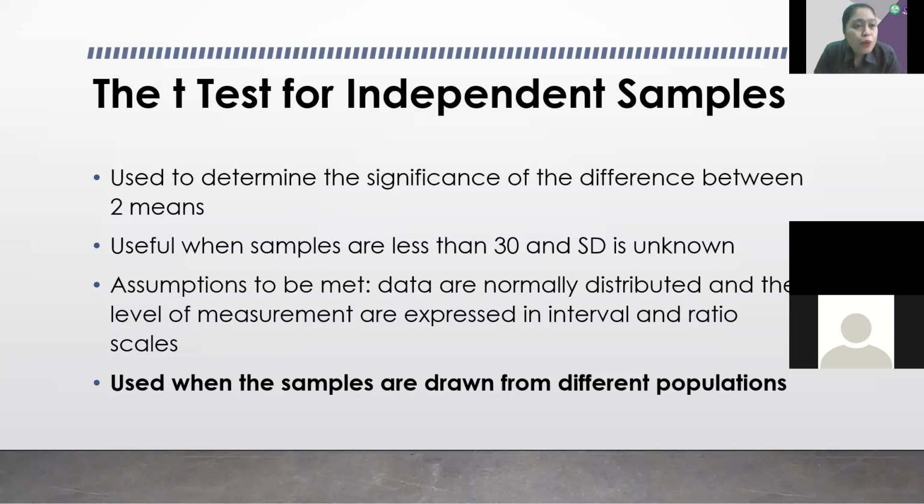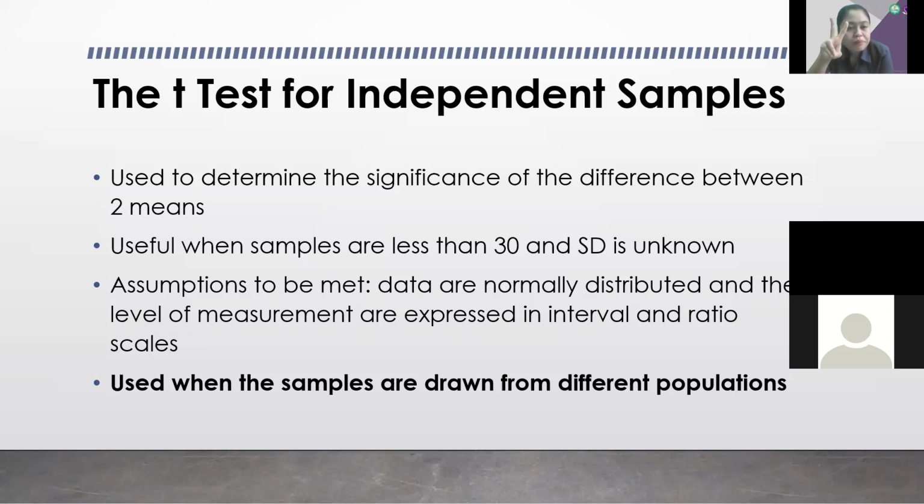Now, when do we use the independent sample t-test? Number one, we use this if we are comparing two groups only. Okay, again, we have two groups that we are comparing here, and most likely we will be comparing their means. Kasi nga, again, that is our most commonly used measure of central tendency. Now, another thing, that's number one, we are comparing two groups.